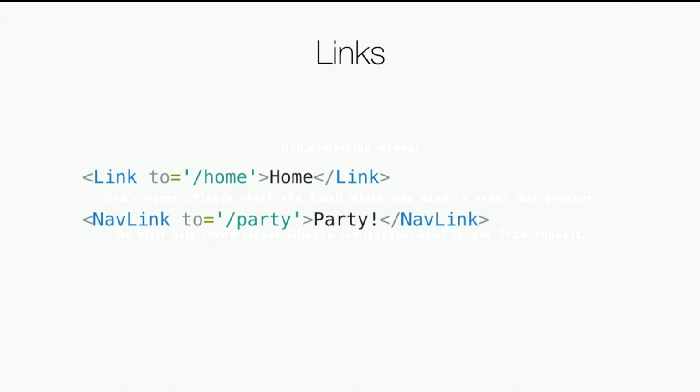Now, it doesn't necessarily do anything by default, but for example, if I wanted to style that differently to show that this is now the active link, I could do that. There's a variety of things you could do with that. But that's the difference between links and nav links, is nav links know when they are the active link, and then put that class of active on the rendered component.